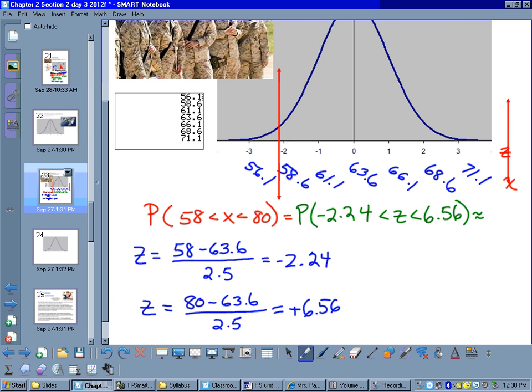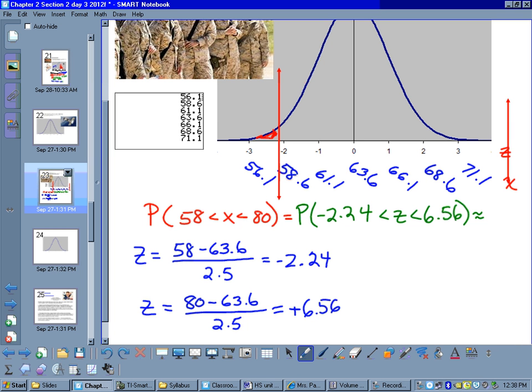Hopefully you can understand that basically all we need to do is find the area to the left of the -2.24. And once we find that, we can just do 1 minus to get everything on top, because 6 standard deviations out is going to be pretty much close to 1. Yep.